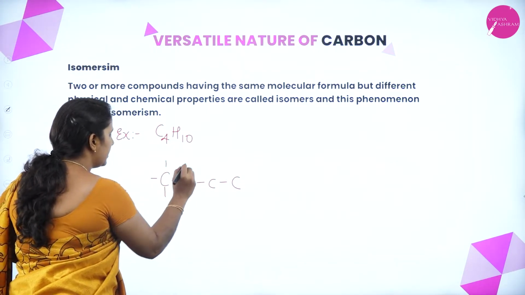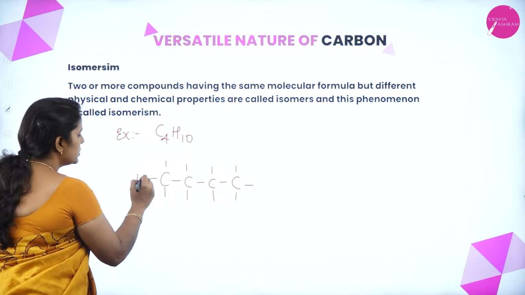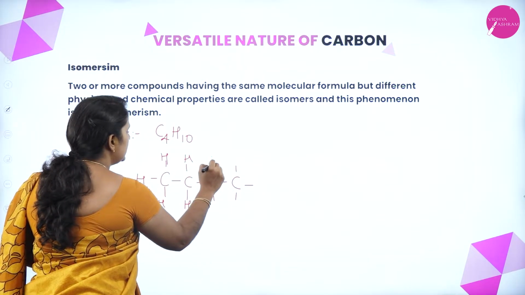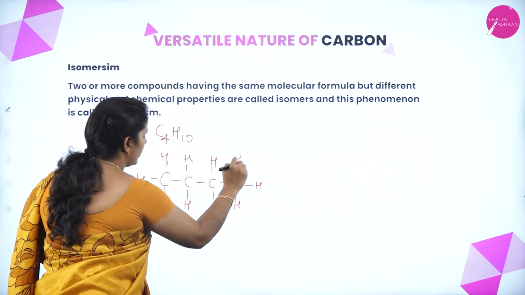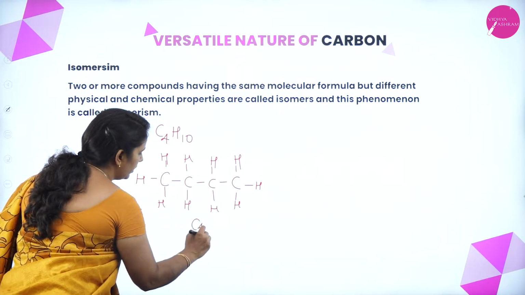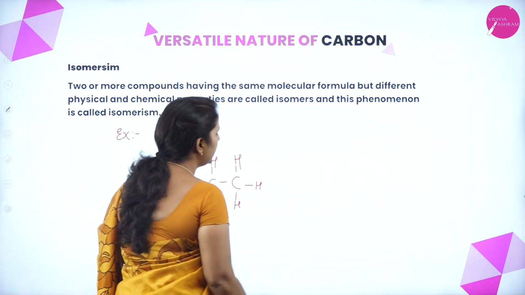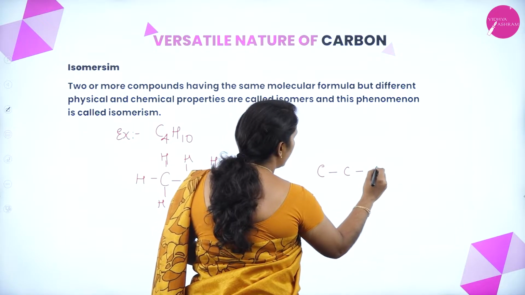And each carbon atom has to be satisfied with a 4 valency, correct? So now I am writing the hydrogen atoms to show that each carbon atom is forming 4 covalent bonds. This is C4H10, correct? Next. I can write this molecular formula in another way also, that is 1, 2 and 3.